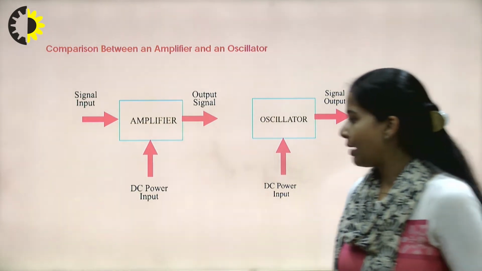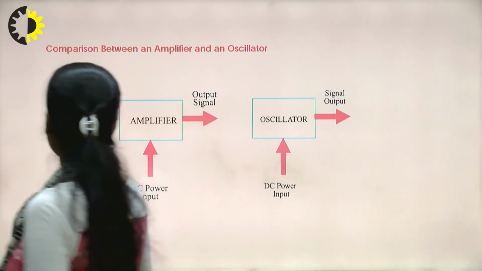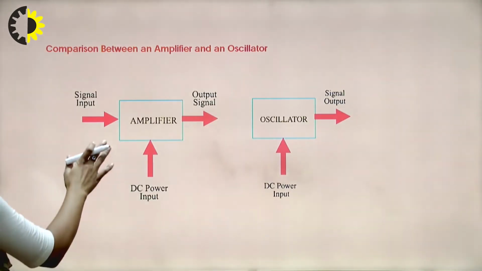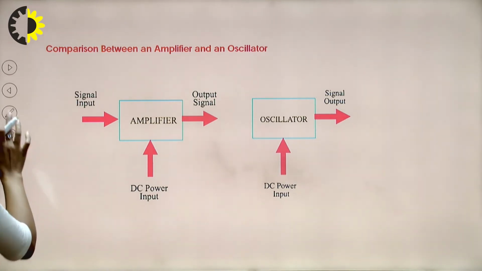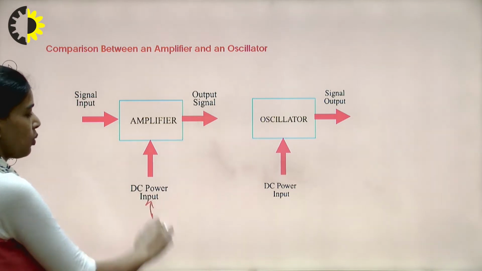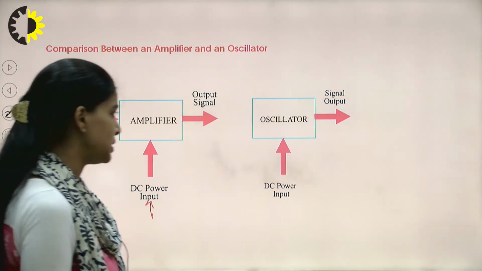With the amplifier we have the input signal and the output signal that we get at the output, and the basic required DC power input is present here.